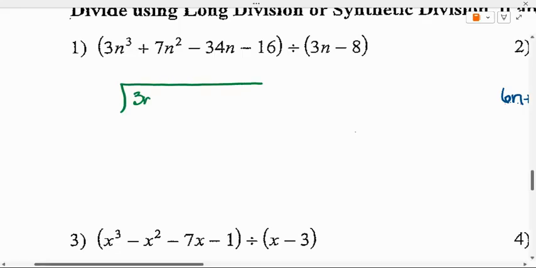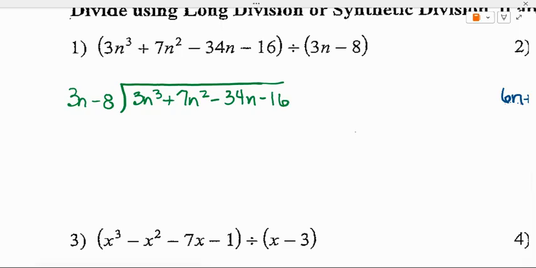I have 3n cubed plus 7n squared minus 34n minus 16. And this is being divided by 3n minus 8. So, Jaden, what do I multiply 3n by to make it equal 3n cubed? Okay. So n squared times 3n is 3n cubed.